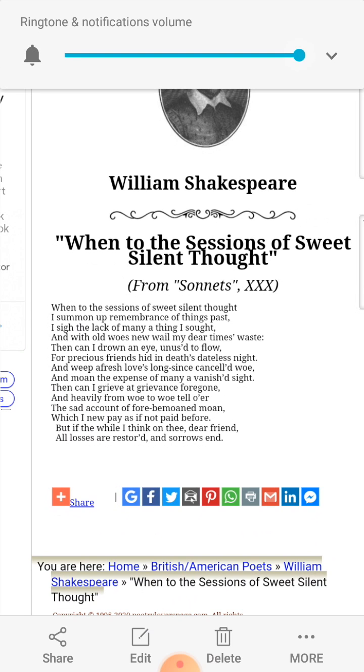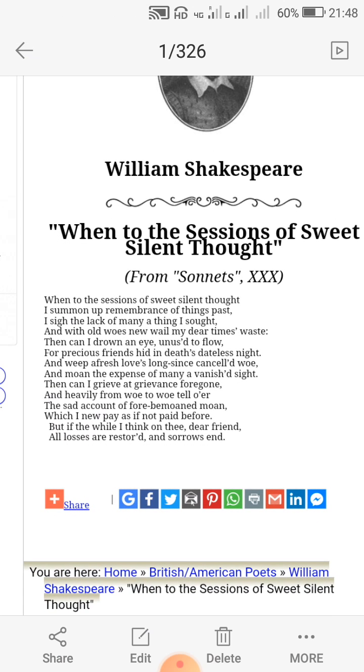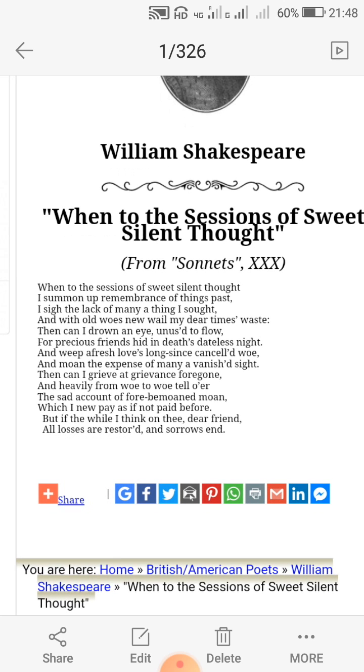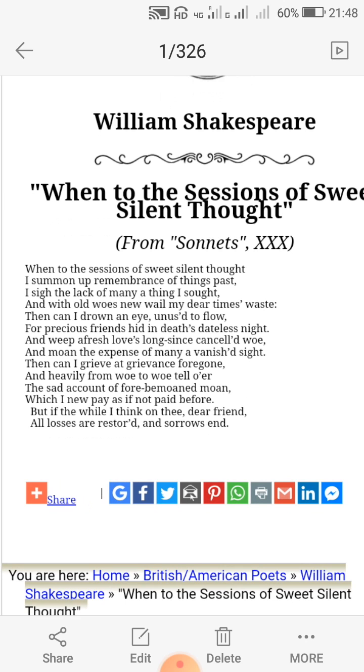the sonnet written by William Shakespeare, "When to the seasons of sweet silent thought." The sonnet has been taken from the 154 sonnet collection written by William Shakespeare, one of the best Elizabethan poets.